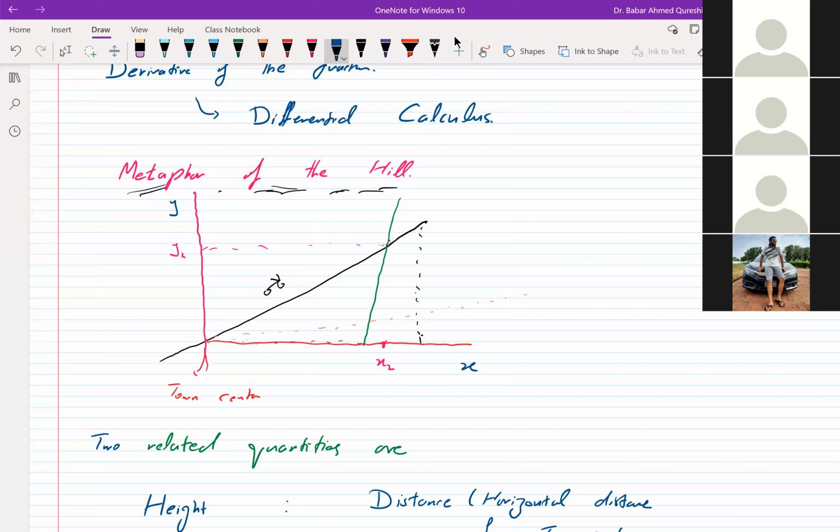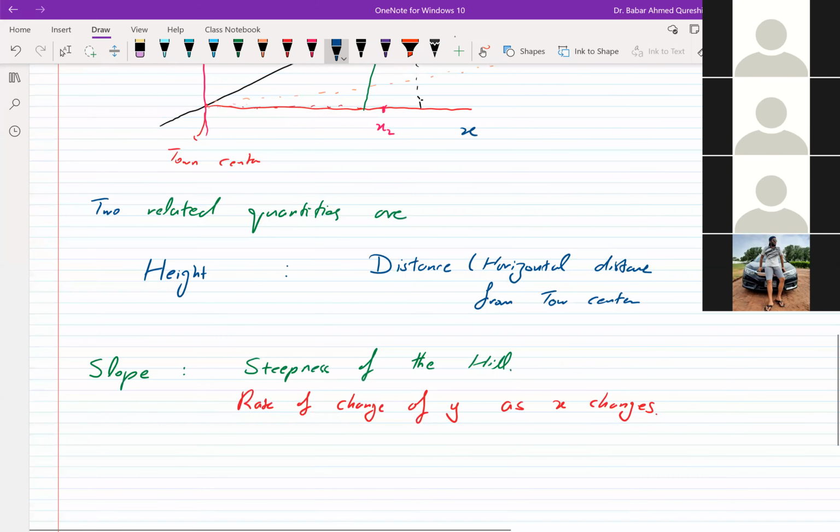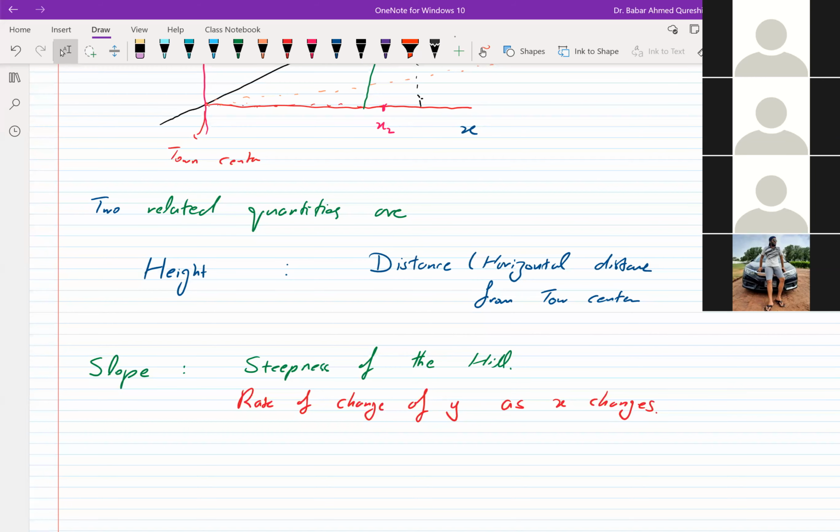It's relating variable x to variable y. And that quantity which I said we will always be interested in, rate of change of y as x changes, in this case has a very easy interpretation. It's just the slope of this hill. It's telling us how steeply the hill is climbing.